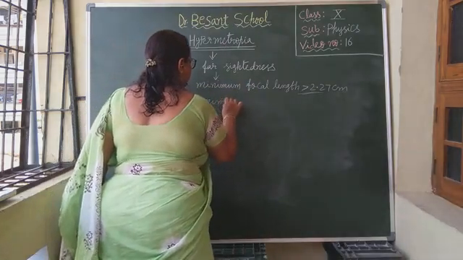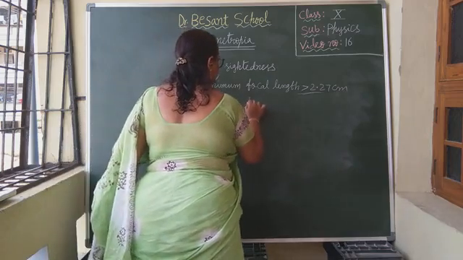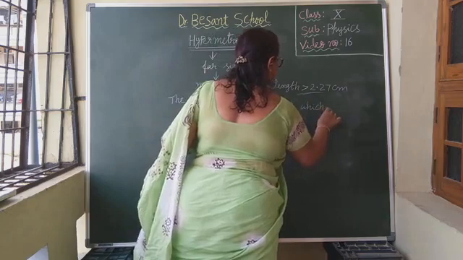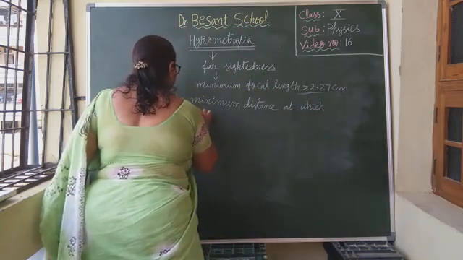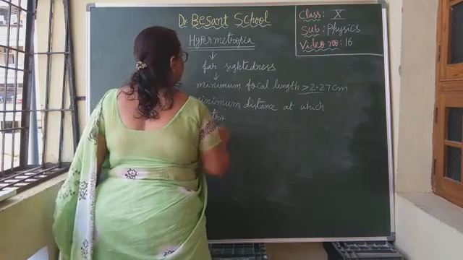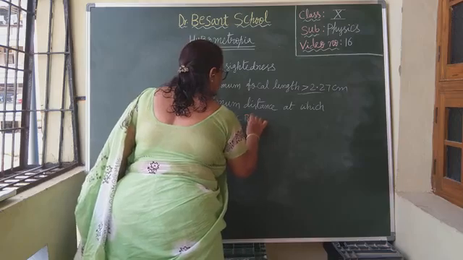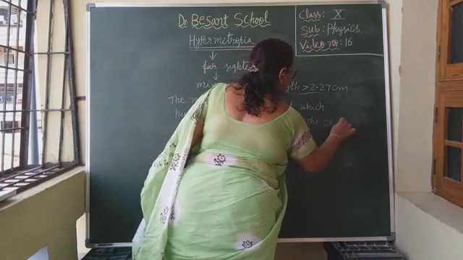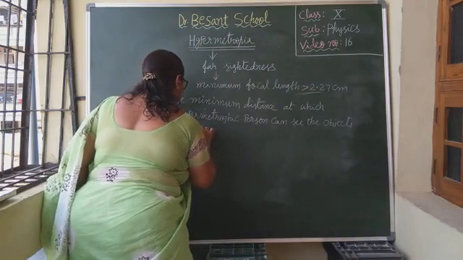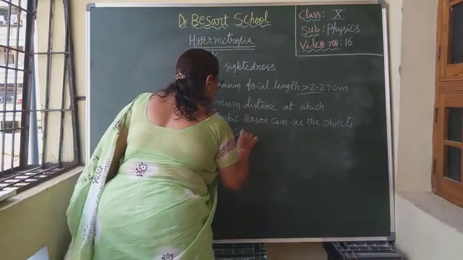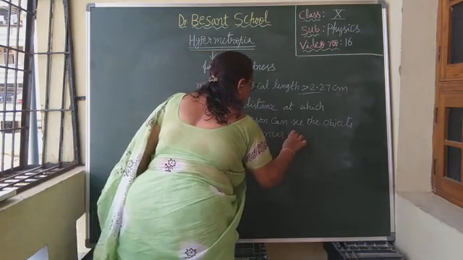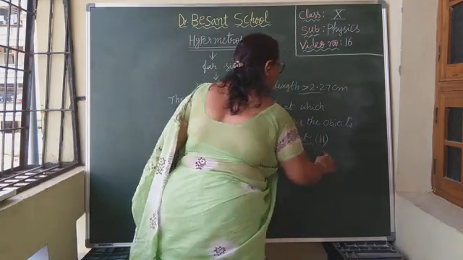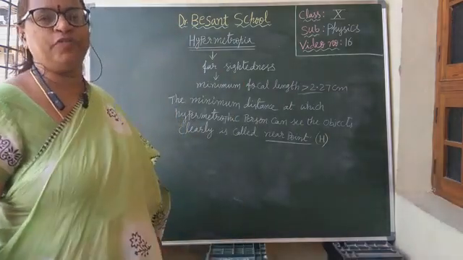The minimum distance at which a hypermetropic person can see the objects clearly is called near point, represented with H. It is called near point or hypermetropic point.